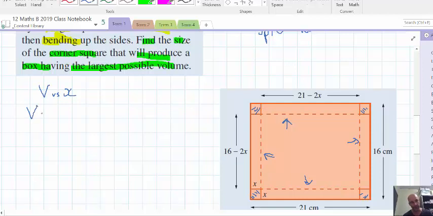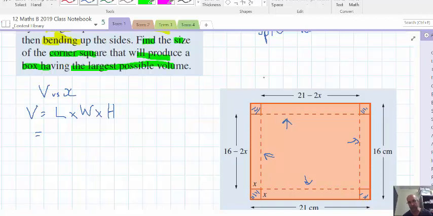Now in general we have a rectangular prism, so in general we have length by width by height. That is not going to wash in this problem just like that, so we have to adapt that idea.